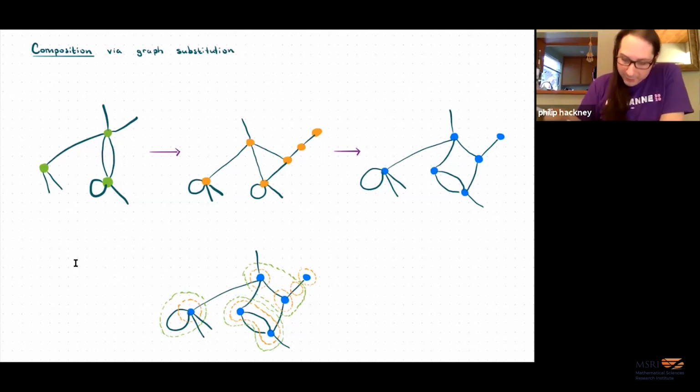So I won't say too much about this, but essentially composition comes down to being able to substitute, and substituting in 2 ways works out fine. So this first map is doing something like this.